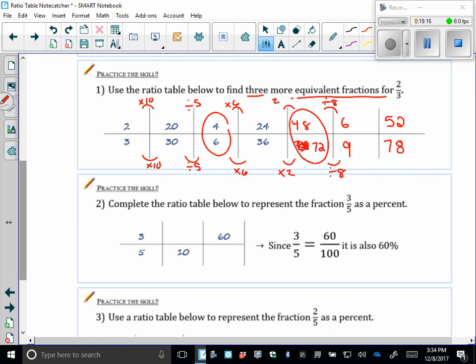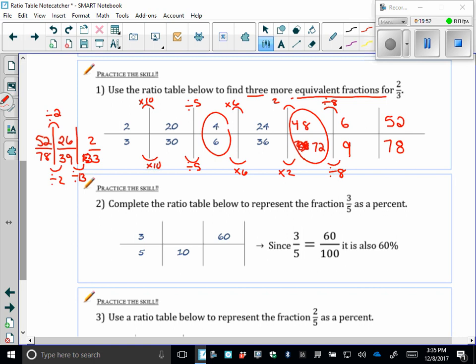We could check it. 52 out of 78, if I divided it in half, I would get 26 and 39. Ooh, that's a tricky one. If I divide by 13, I get 2/3. Woo! So that's a bunch of equivalent fractions.